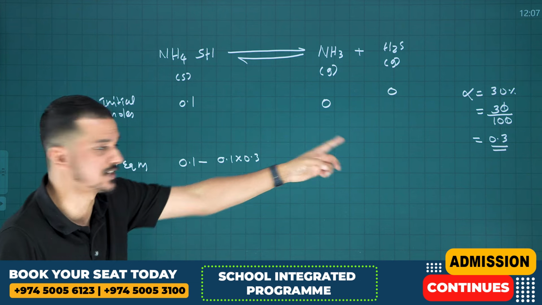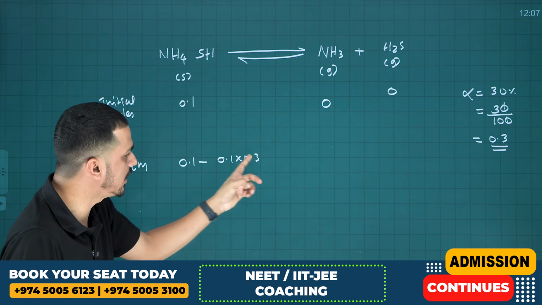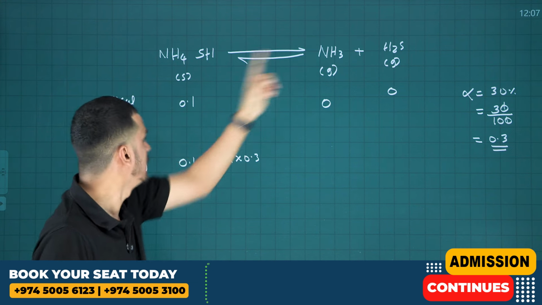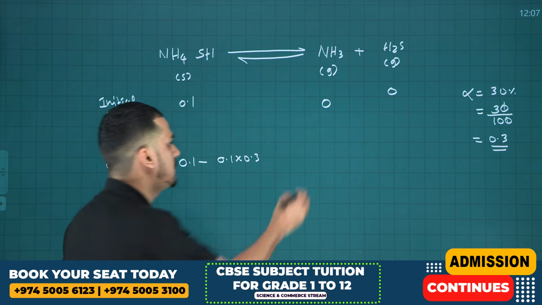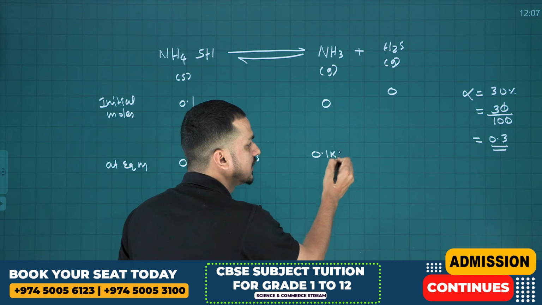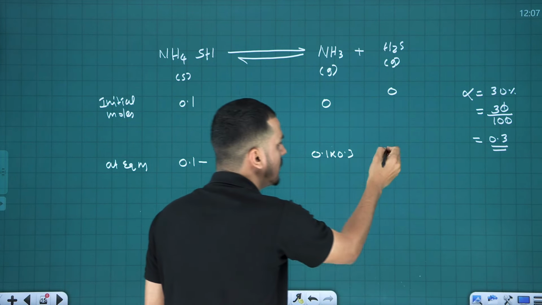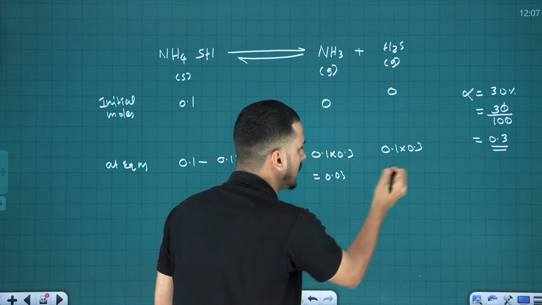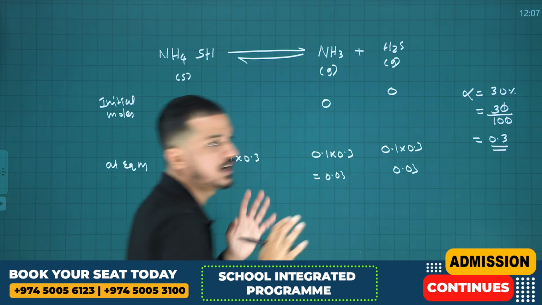That means 0.1 into 0.3. If 1 is reacted, here 1 will form. So 0.1 into 0.3 reacted means here 0.1 into 0.3 formed, and here also 0.1 into 0.3, that is equal to 0.03. Here also 0.03.